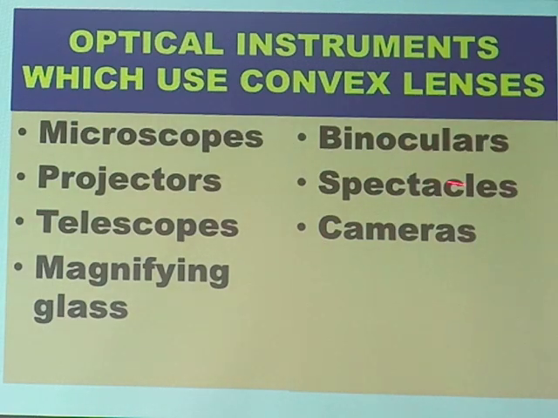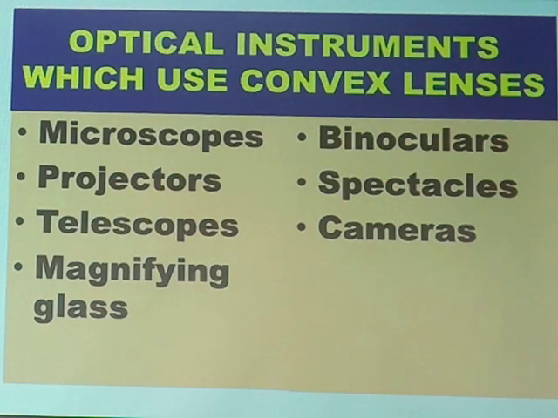Spectacles. There are some relatives, some parents, some children, unfortunately, who have developed eye problems that can only be corrected by wearing these spectacles. Some of them have convex lenses to correct that eye mistake. Some of us cannot see objects which are very far clearly, so we need to use specs.